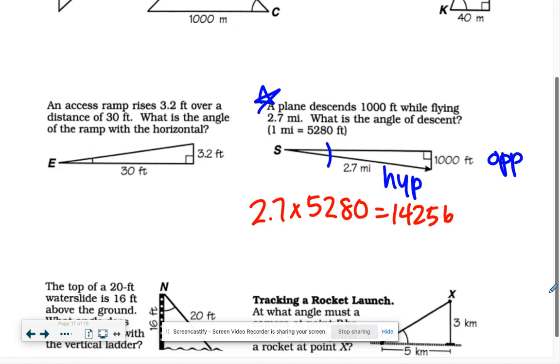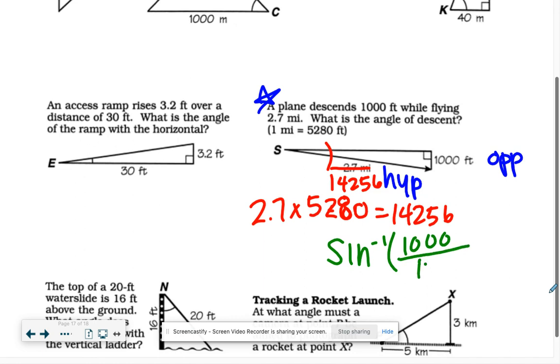Alright, so instead of using 2.7 now, you have to write sine inverse 1,000 over 14,256.